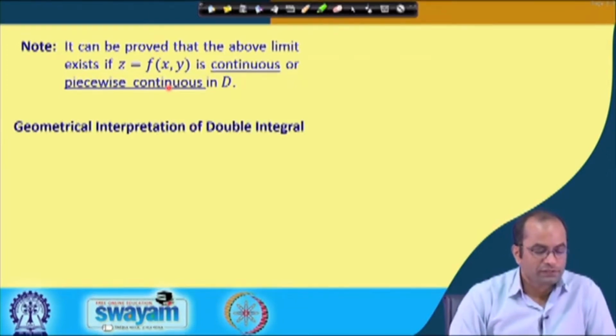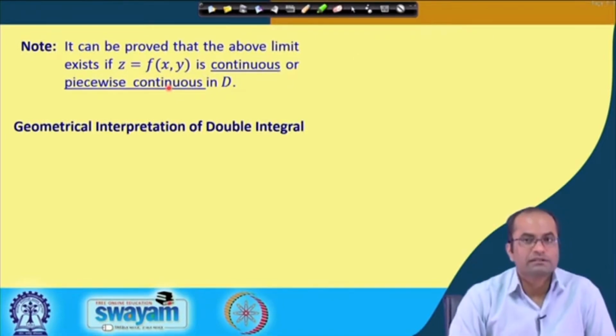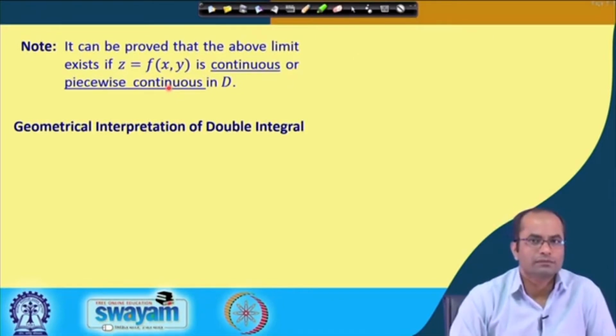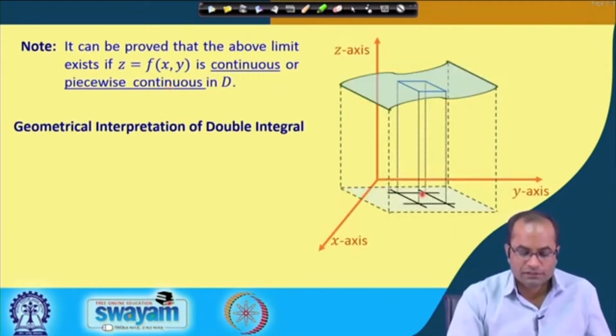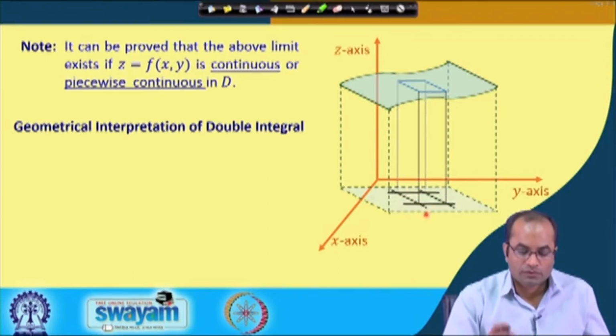And coming to the geometrical interpretation for these double integrals. So, this is also clear from the limit definition which we have seen. So, we have taken a small region in the xy plane, or the whole domain in the xy plane was divided into many subregions, and consider for example one subregion here, and corresponding to this we have the surface here, which is actually the projection given by this one.